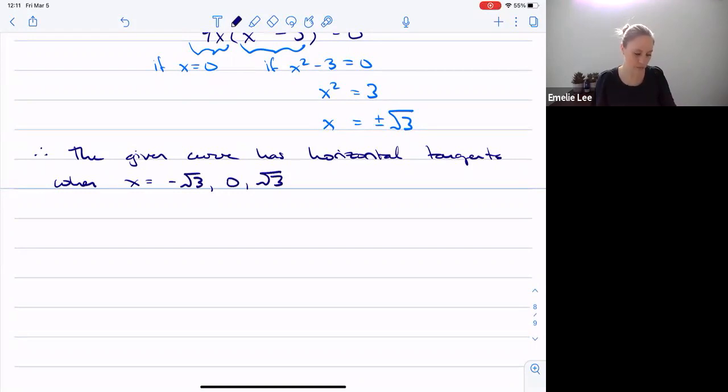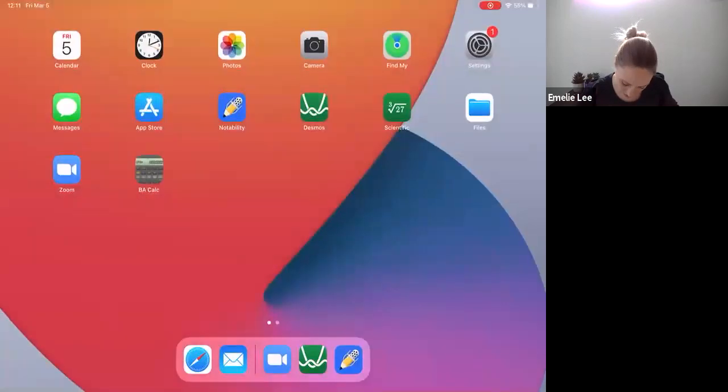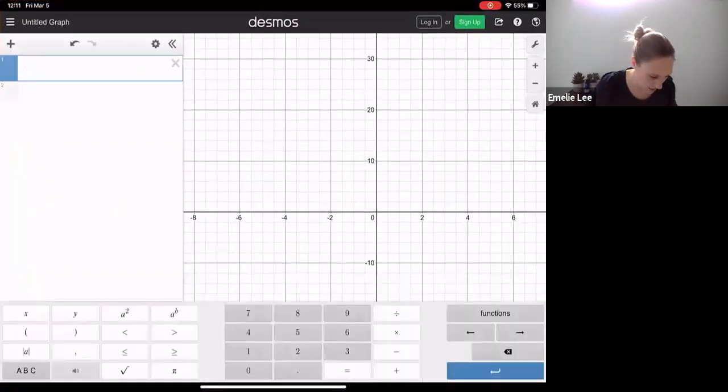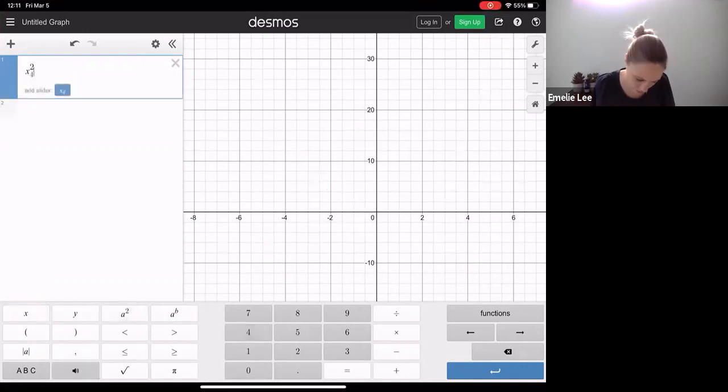So we could find the points by evaluating the original function, right? So if I go here and I put in the original function, which was x to the power of 4. Hey, why did it do that? I hit the wrong button.